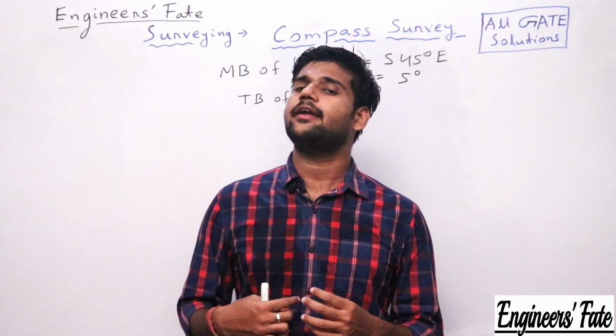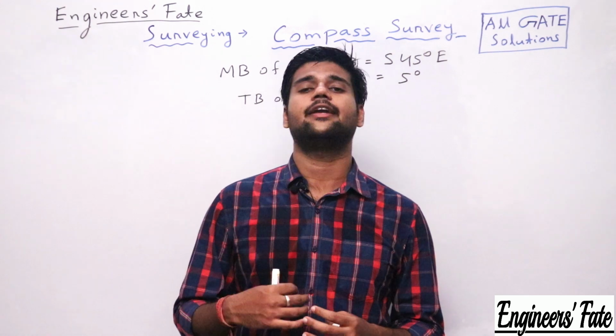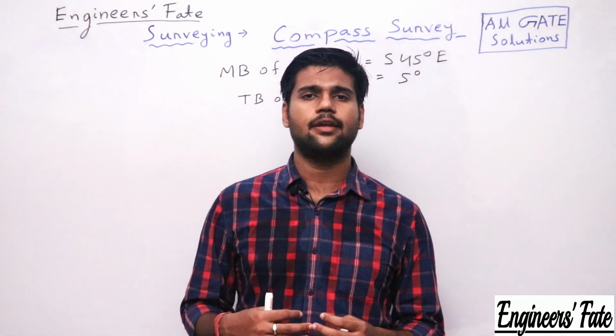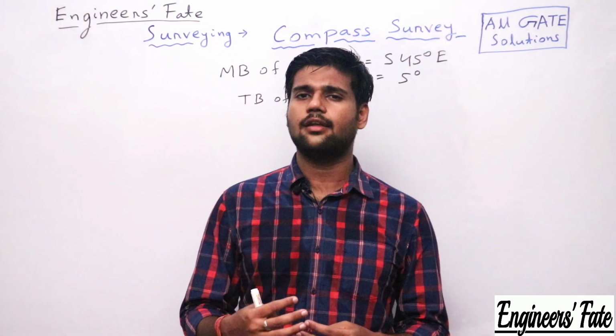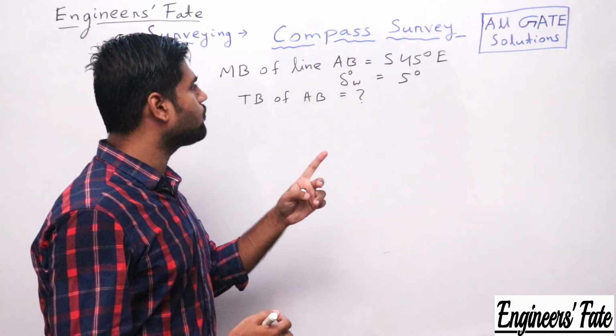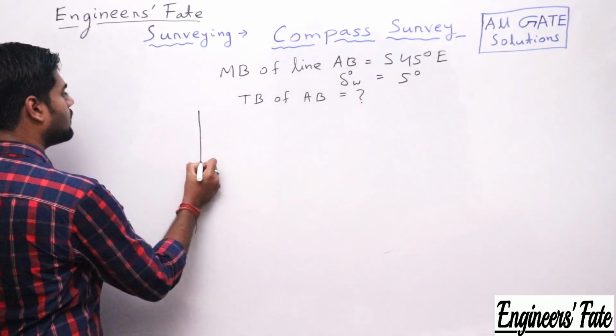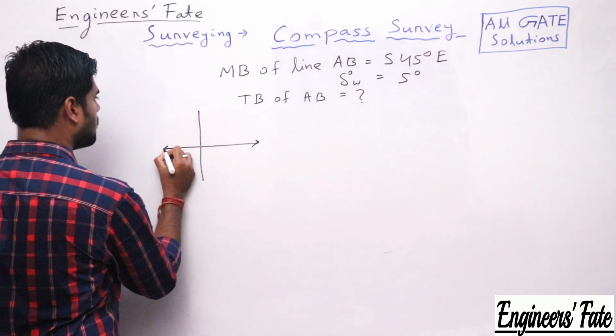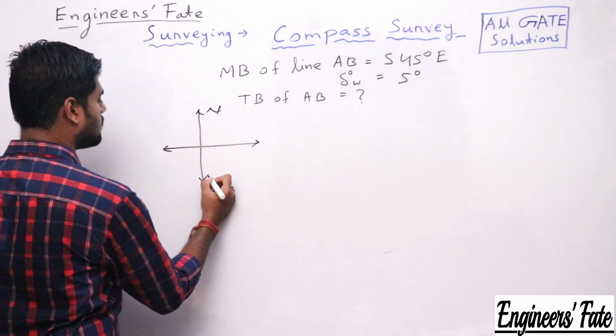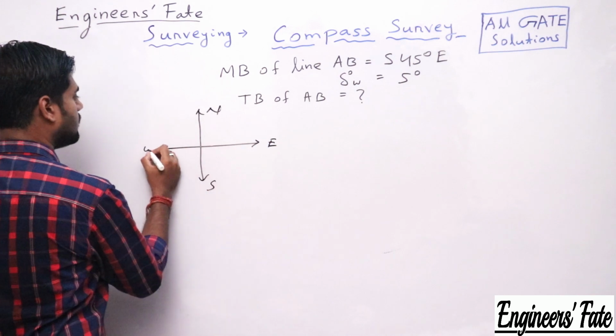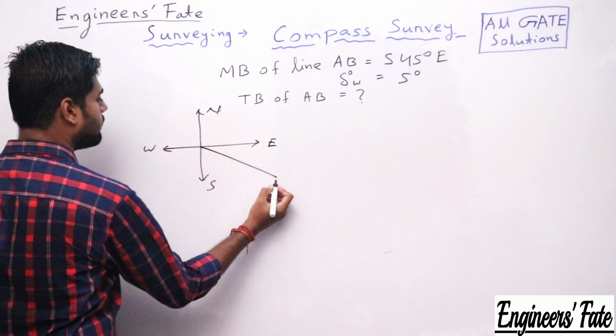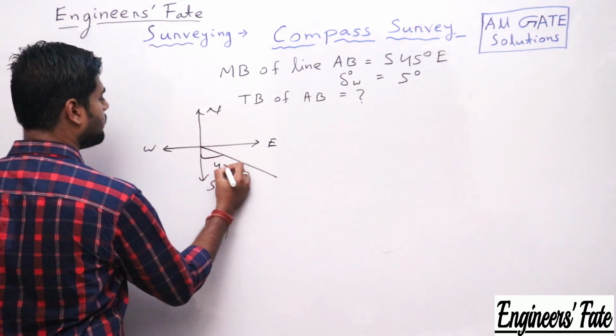First step, convert it into whole circle bearing if it is given in quadrilateral system of bearing, then proceed with your calculation. Here he has given us south 45 degree east. This is north, south, east and west. So south 45 degree east means this will be the 45 degree.